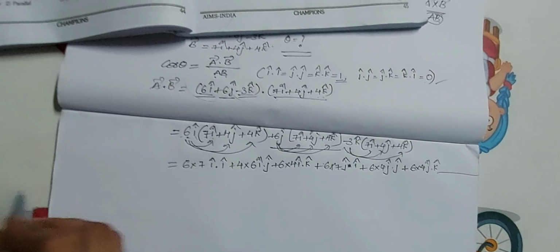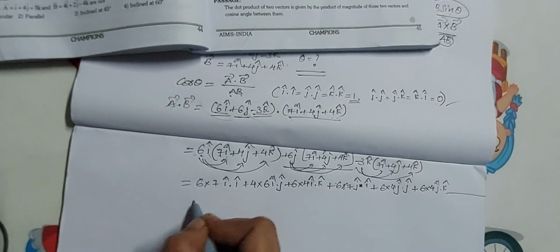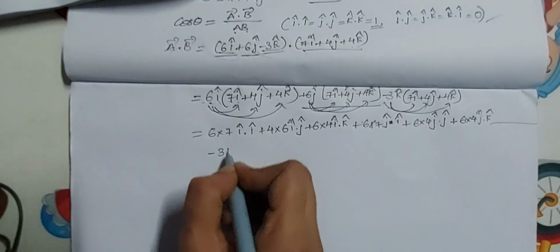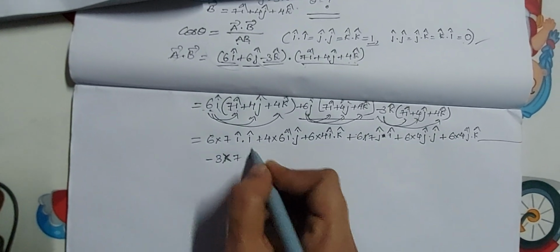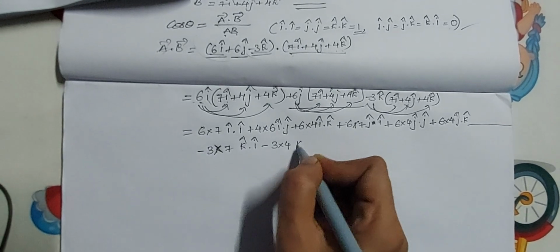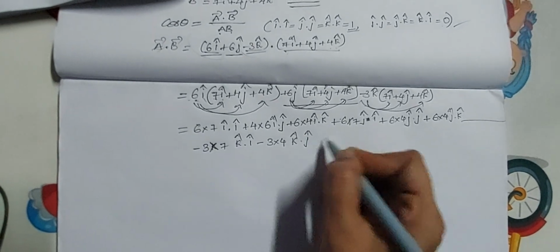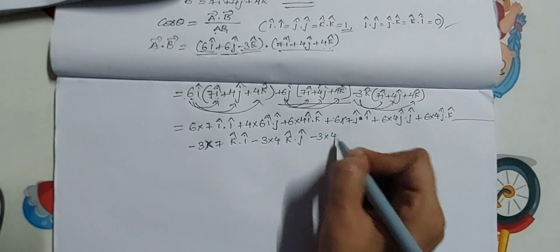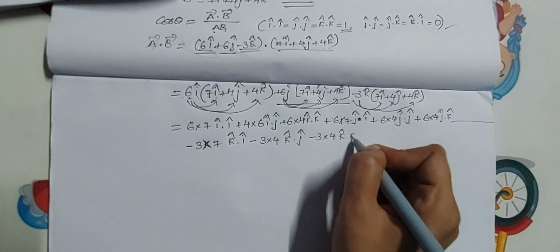Now there is not sufficient place to write the third one, so let me write it below. This is about 3k cap, so let me write 3 into 7, k cap dot i cap, minus 3 into 4, k cap dot j cap, minus 3 into 4, k cap dot k cap.